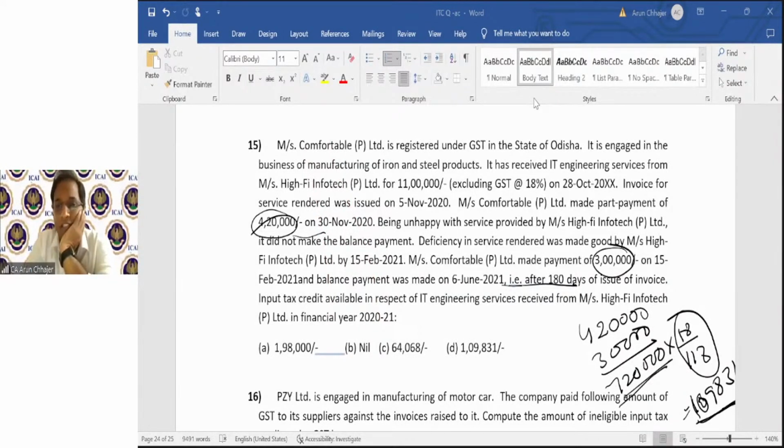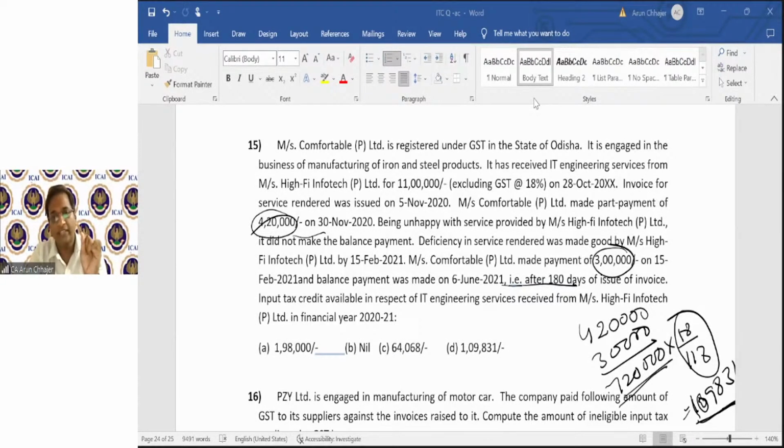So if the amount is inclusive of tax, what we are doing? We will divide by 100 plus tax rate. Then only the amount of the taxable value will come. So 720, I have made the total payment.